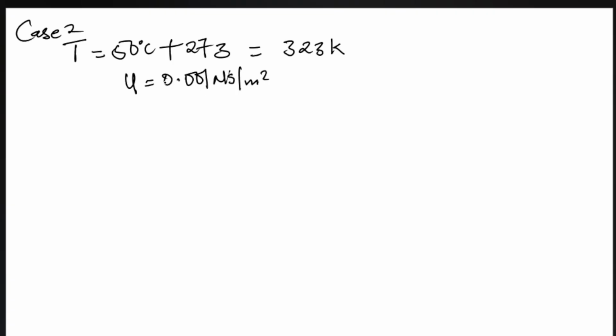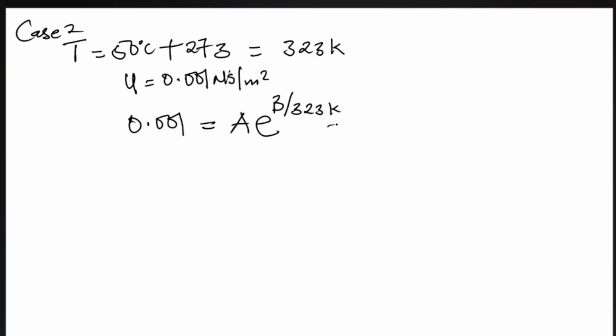Since you were given your viscosity, your case 2 equation will now be 0.001, and this is equal to A, a constant, exponential B, a constant, divided by your temperature. And what's your temperature here? 323 Kelvin. Are we together?